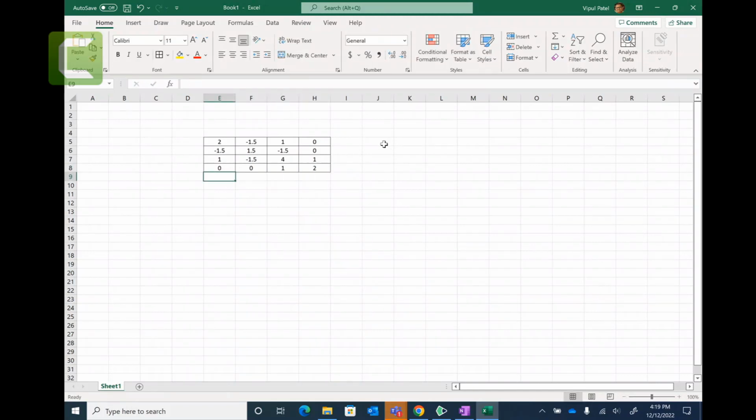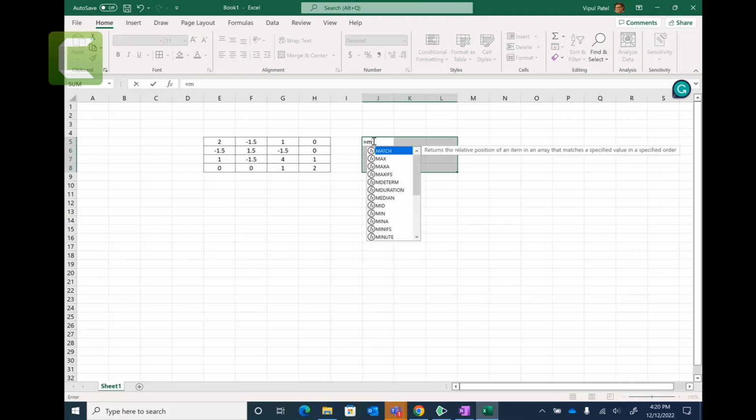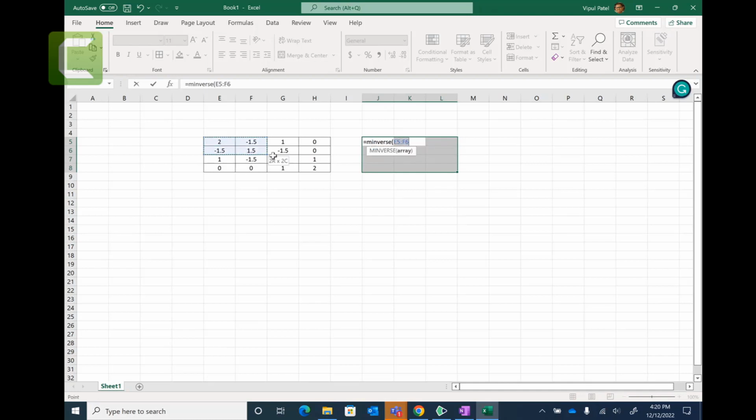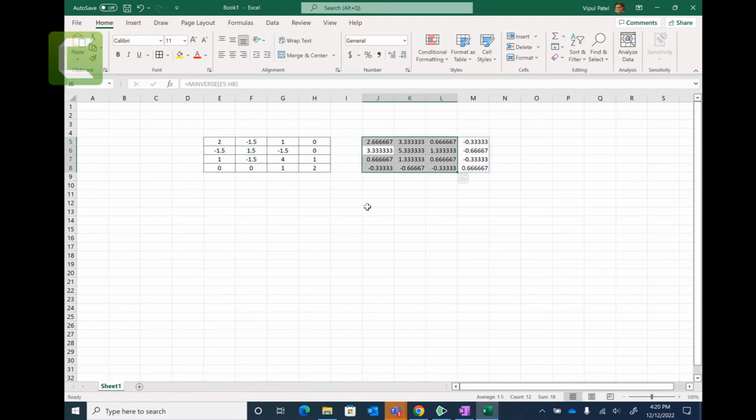So if I want to do the M inverse, you can just highlight the 4x4 matrix with the mouse. On your keyboard, type equal sign, MINVERSE, bracket, select the whole range and press enter. So you get this inverse matrix.